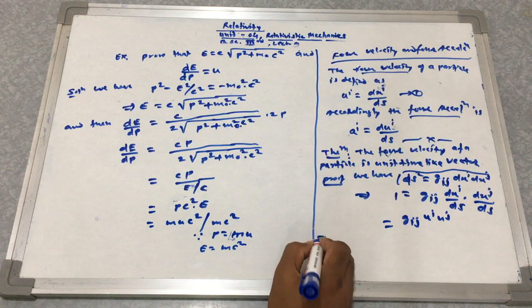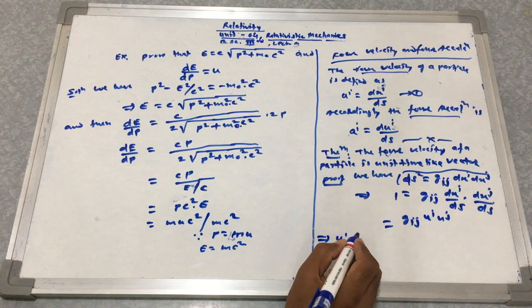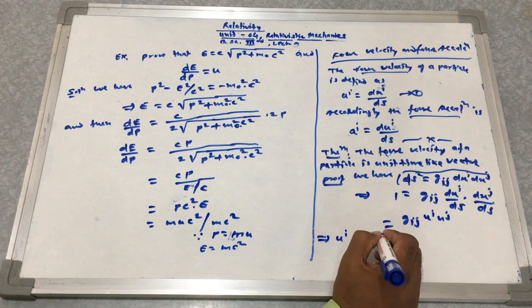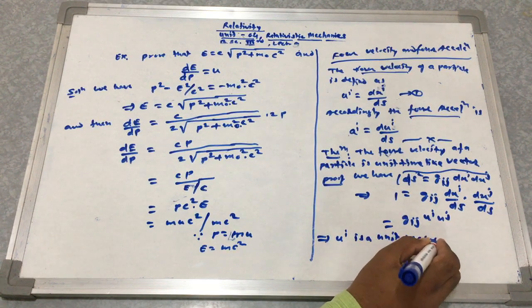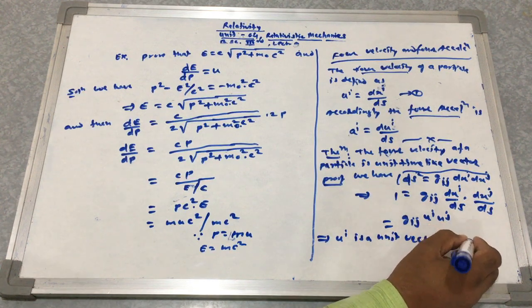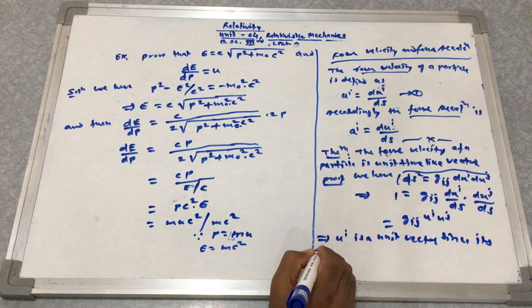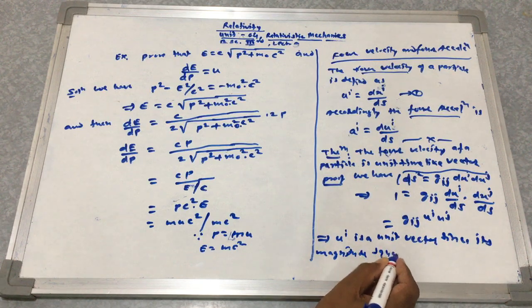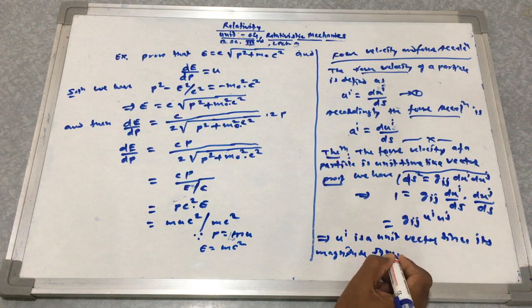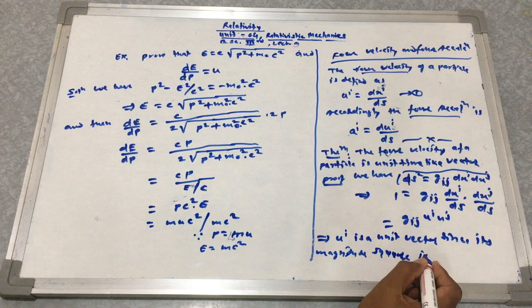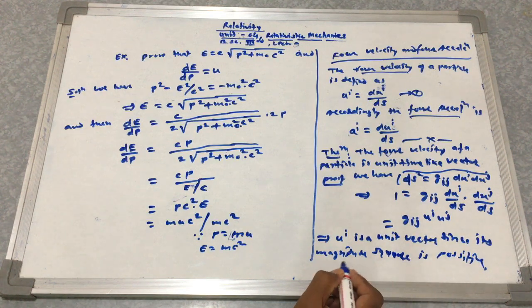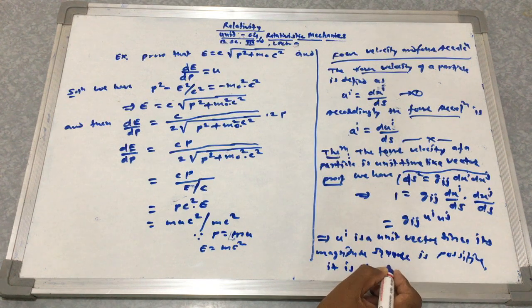Okay, so this means u^i is a unit vector, since its magnitude square is positive, it is time-like.